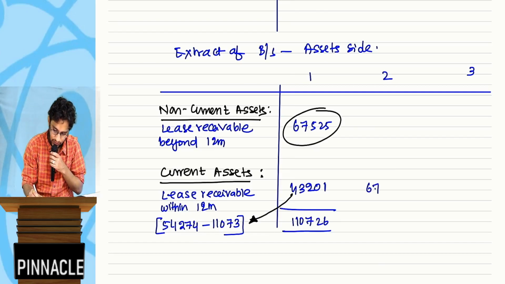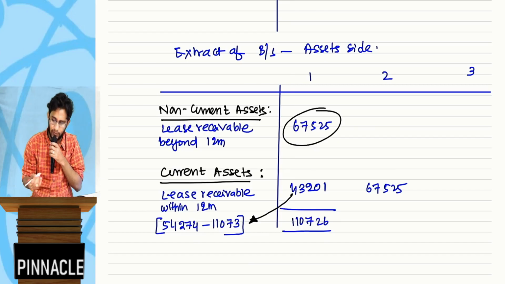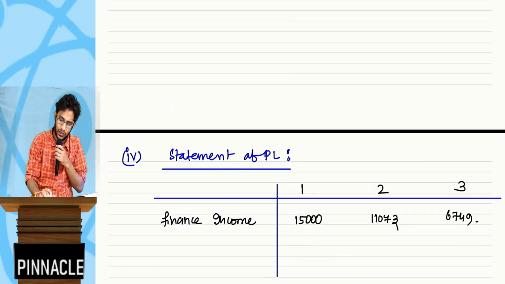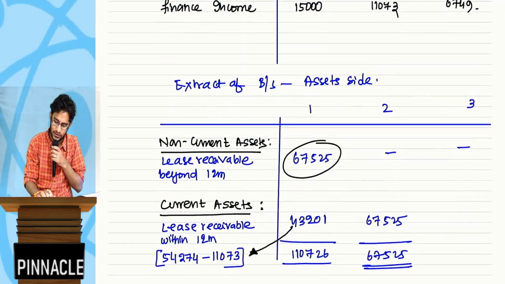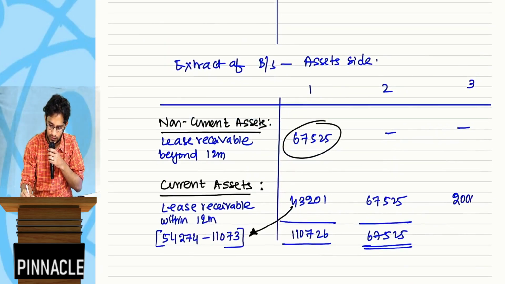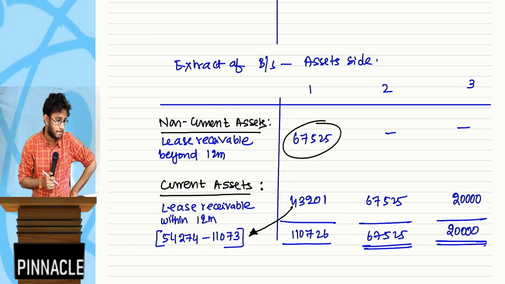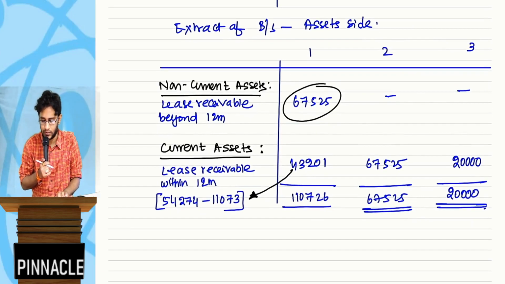So 67,525 is completely current, because the lease is getting over in the next 1 year. By the third year ending, your outstanding balance comes to only 20,000, representing the UGRV. That's it, this is your presentation.